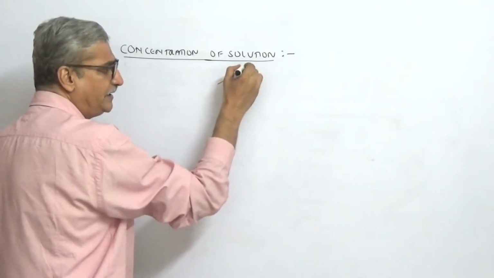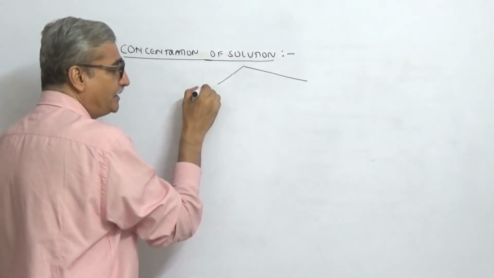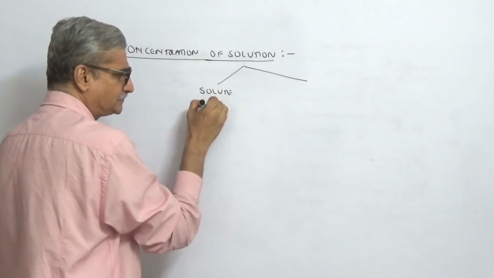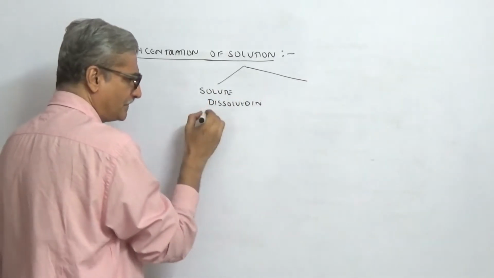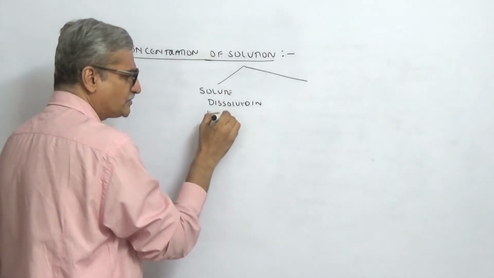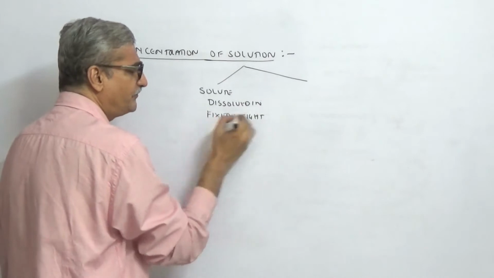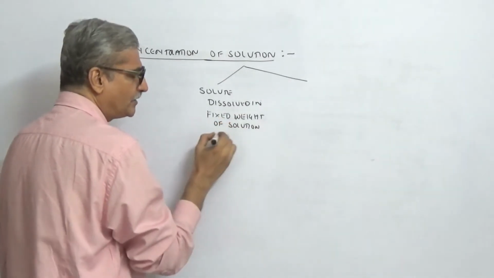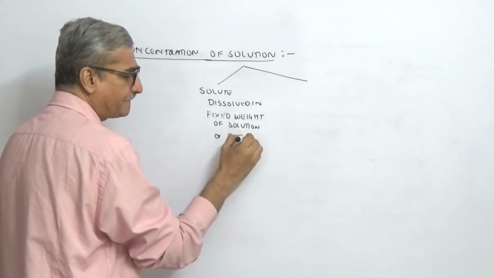Concentration terms can be of two types. One where we have solute dissolved in a fixed weight of solvent, or fixed weight of solution.